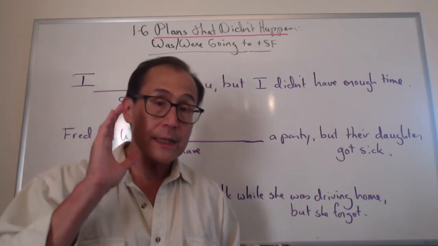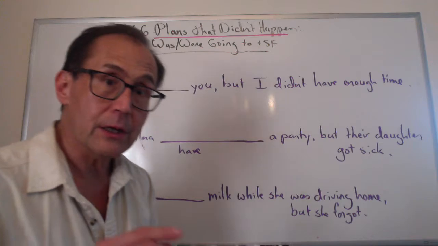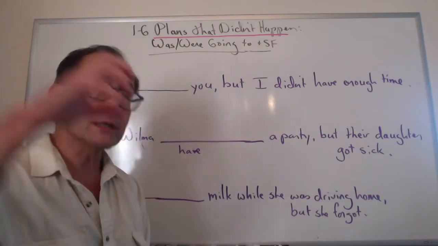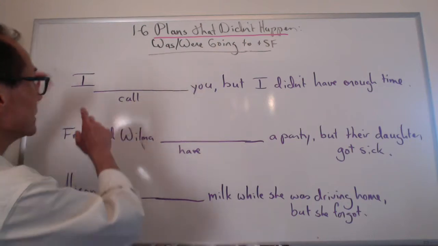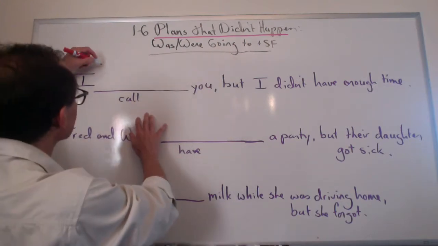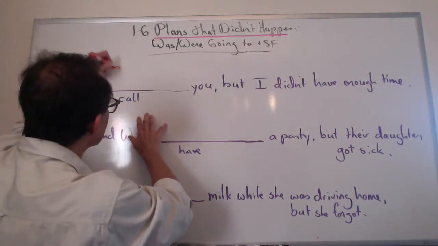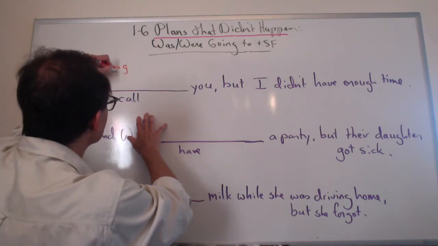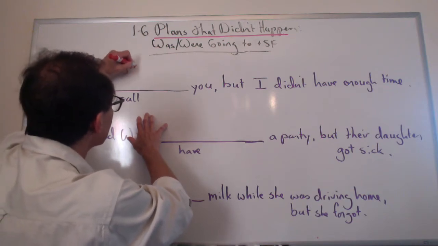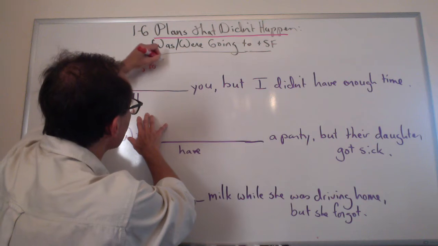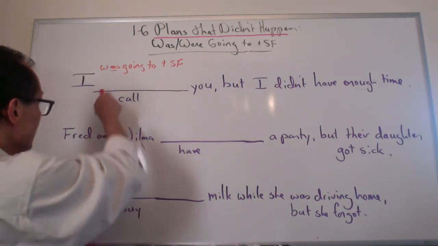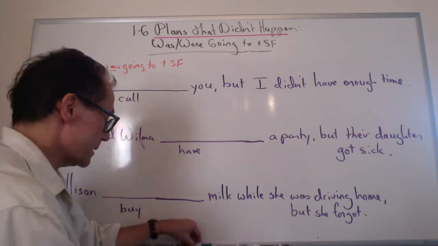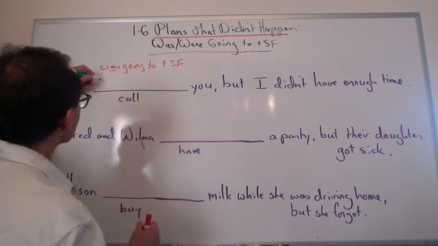A way that English speakers can use to show this was a plan, it didn't happen, is to use the words was, were, going to, plus simple form. So here I might say, I'll use was because it's I was going to, and then plus simple form. So if I wrote that here, let's use green.